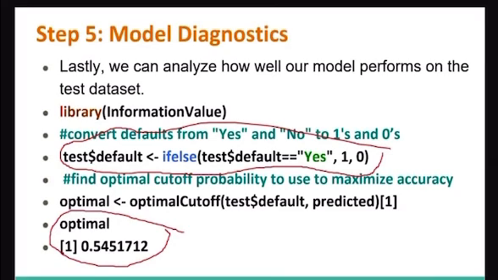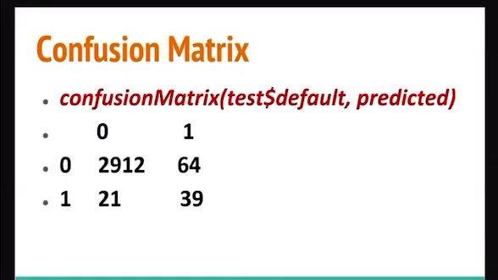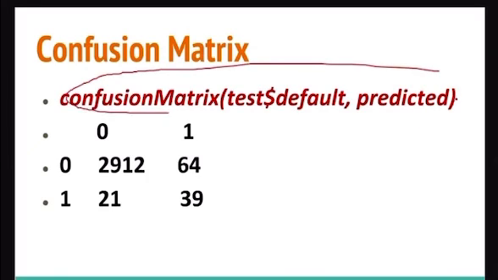Now, the next thing that I'm going to show you, we need this guy a lot. This is a confusion matrix. I'm going to tell you what confusion matrix means. Take a look at this: a confusion matrix between your test data and the predicted. Do you know the meaning of this?